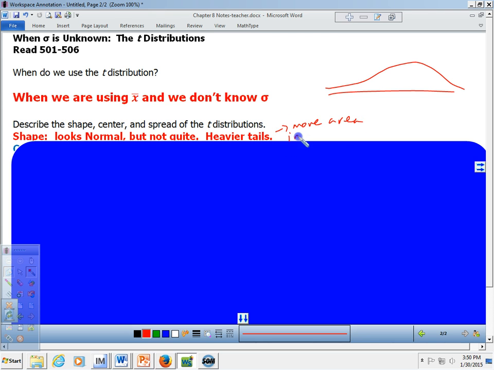More area in the tails means more observations in the tails, which means, as the last interpretation of this, more probability in the tails, okay?